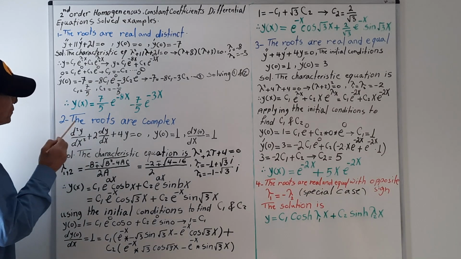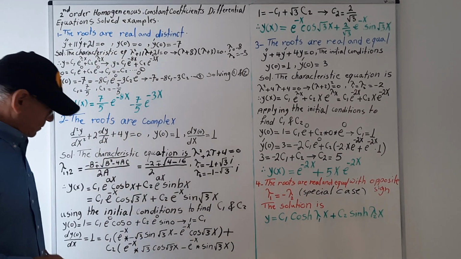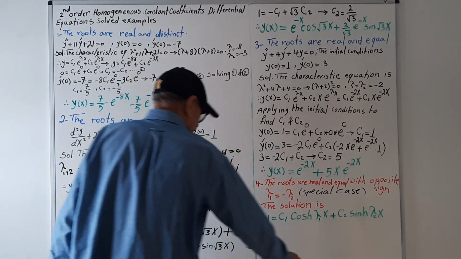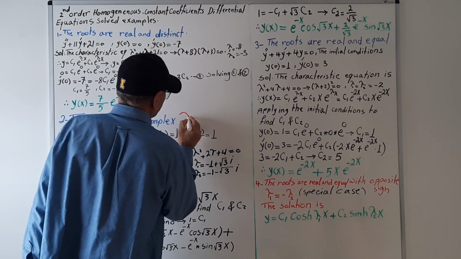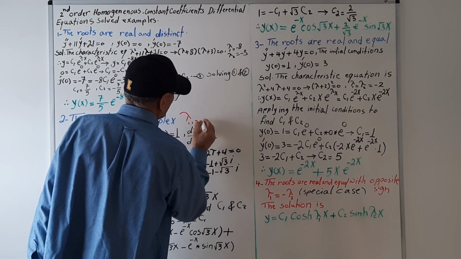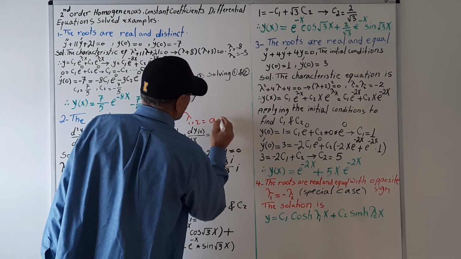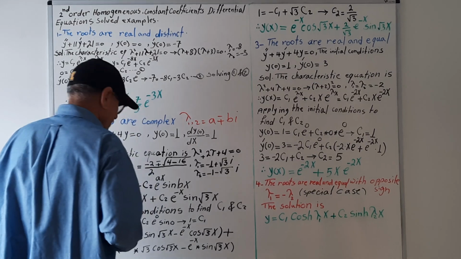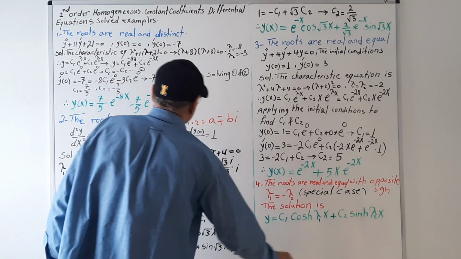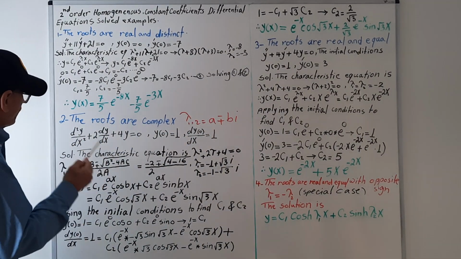The second case, when the roots are complex conjugate, like lambda 1, 2 equal a plus minus bi. Okay, so now we have this example.